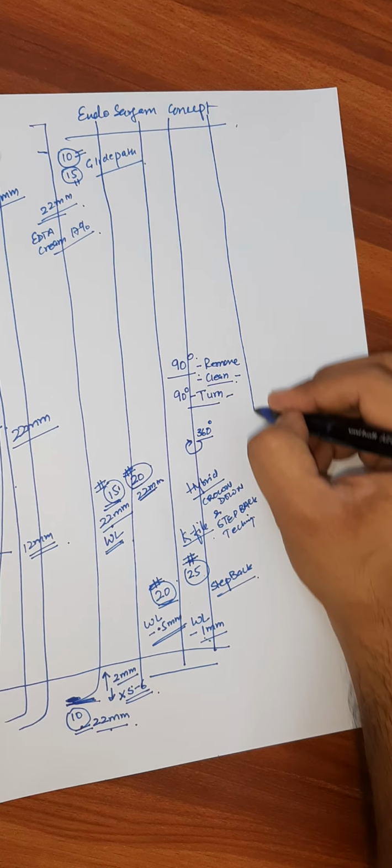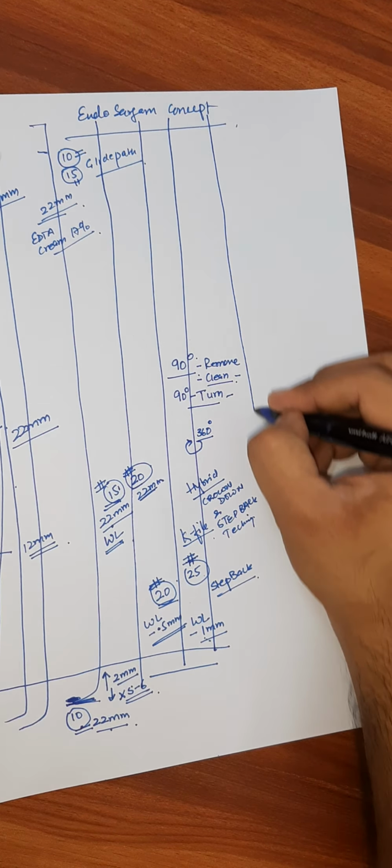Hypochlorite reacts with the pus, and protein within the pus gets accumulated and aggregated. So don't use sodium hypochlorite in heavy pus cases. You can use saline. And do remember, EDTA cream should be on the file every single time.